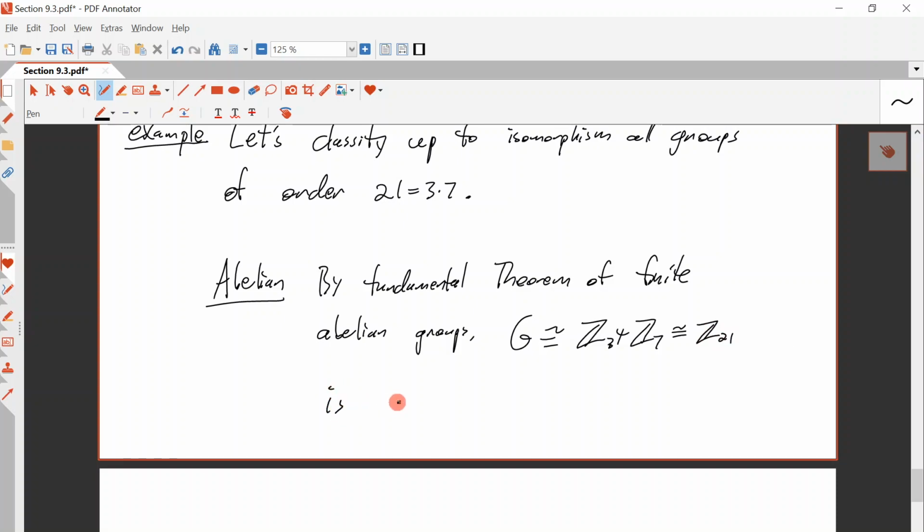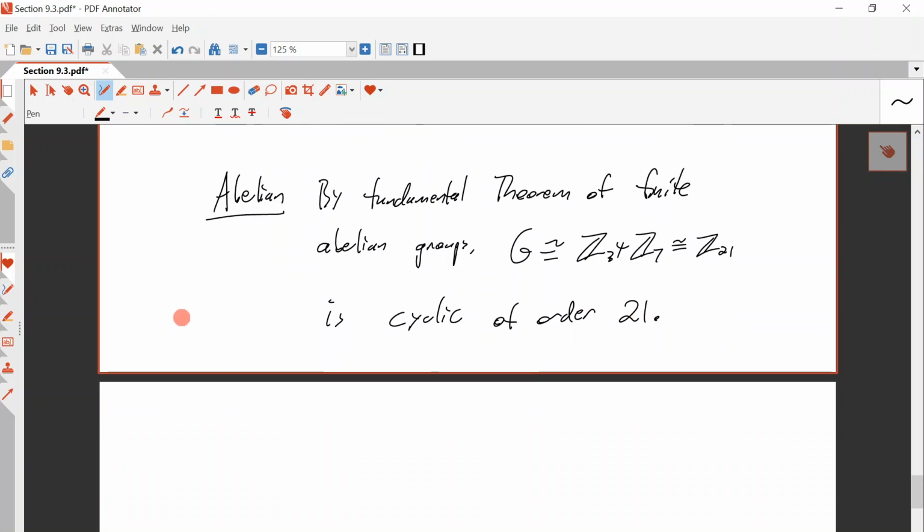It's cyclic of order 21. Okay, so that's the only abelian one.